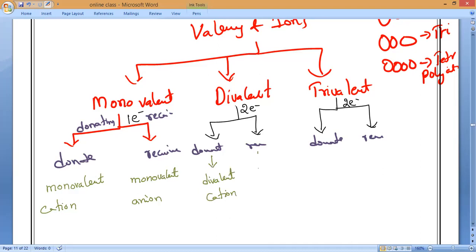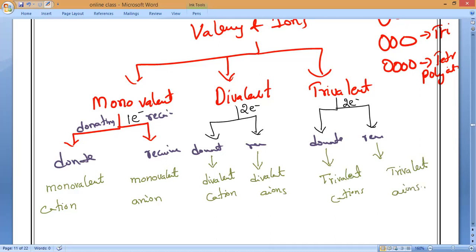Two electrons are receiving, divalent anions. Three electrons are donating, trivalent cation. Three electrons are receiving, trivalent anion. Till here, any doubt?